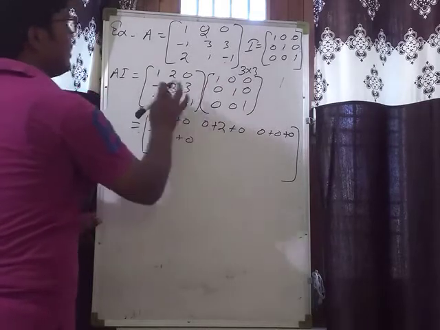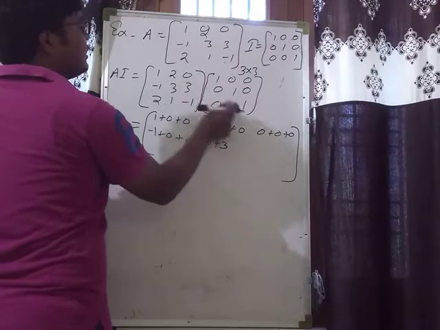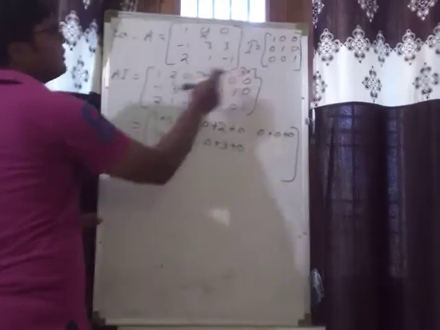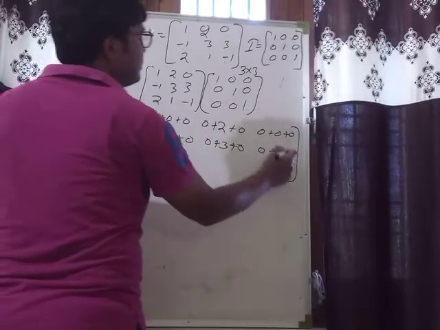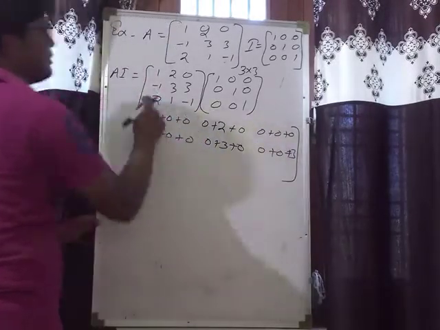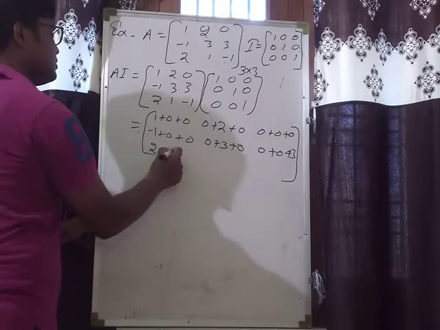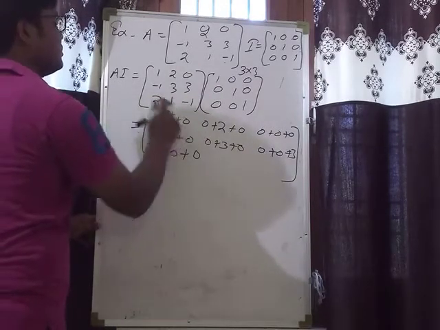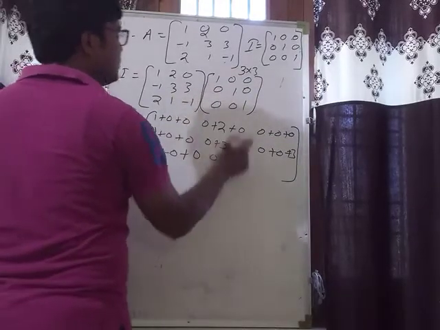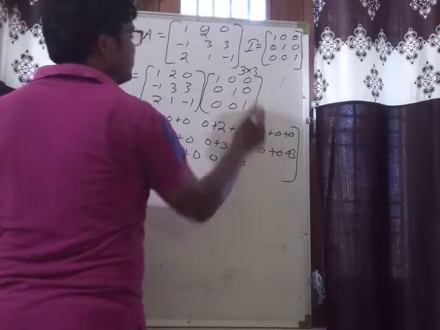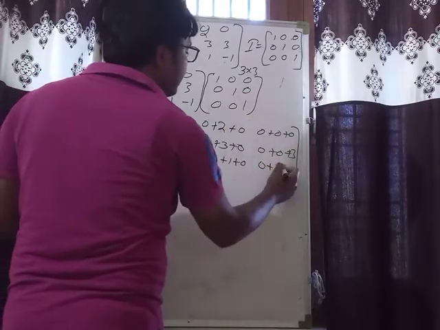Second row, second column: minus 1 into 0, 0, 3 into 1, 3, and 3 into 0, 0. Second row, third column: minus 1 into 0, 0, 3 into 0, 0, 3 into 1, 3. And the third row, first column: 2, 1 into 0, 0, minus 1 into 0, 0. Third row, second column: 2 into 0, 0, 1 into 1, 1, and minus 1 into 0, 0. Third row, third column: 2 into 0, 0, 1 into 0, 0, minus 1 into 1, minus 1.